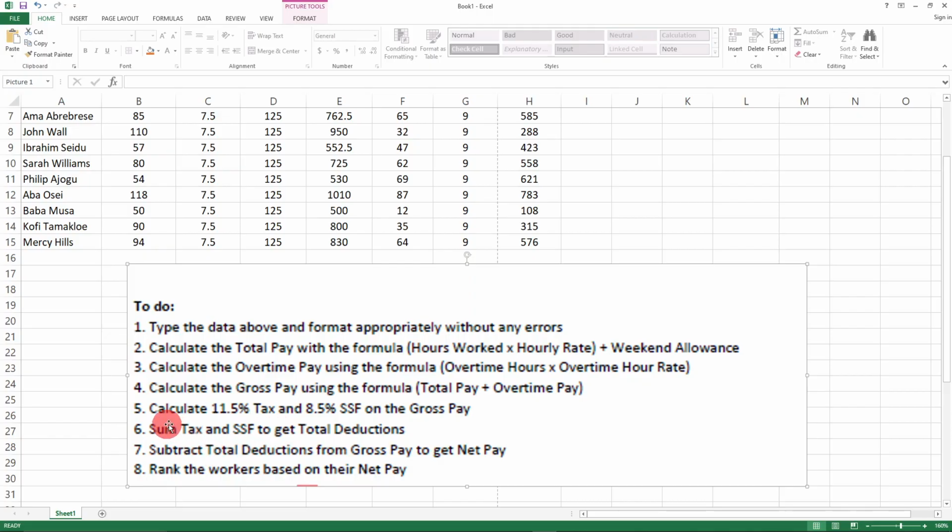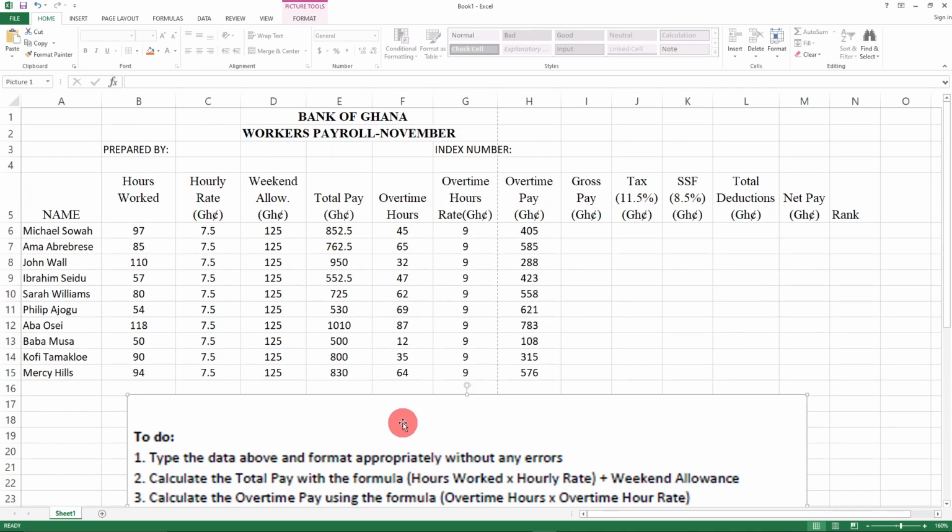So the next question, which is number 4, we are to calculate the gross pay using the formula total pay plus overtime pay. So let's go back to the sheet.